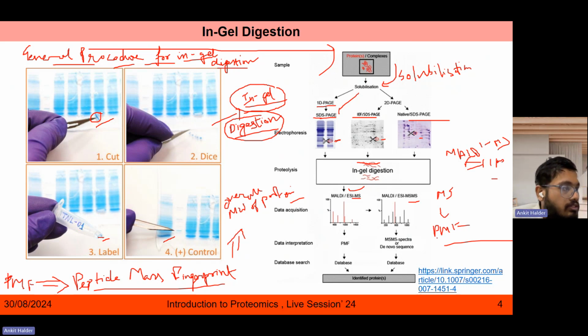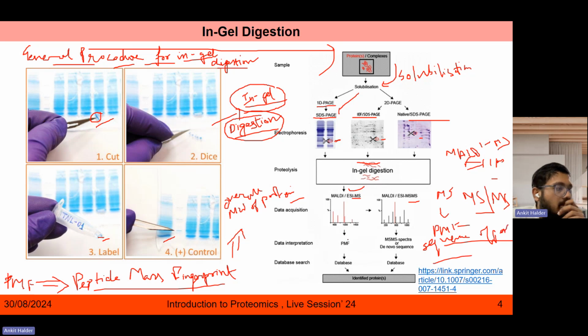Now if we do MSMS, what we can get is the particular sequence of the peptide.